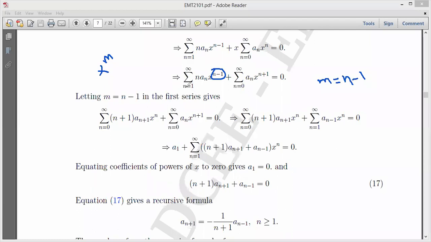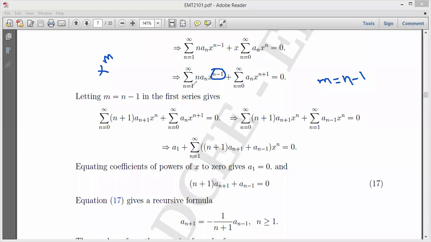So for us to get our m, since m is equal to n minus 1, where you have n here, you will substitute. We have n will be m plus 1.